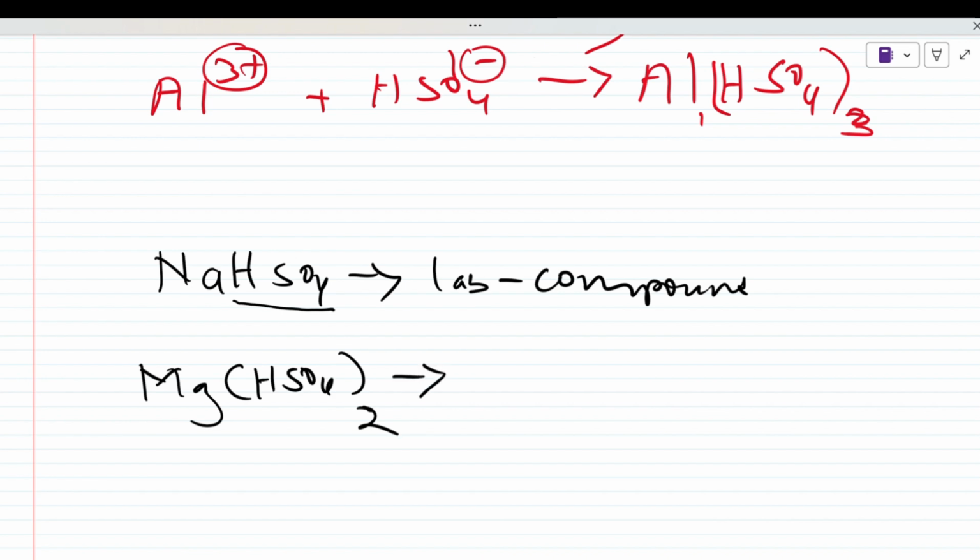Meaning I can react this with a more reactive element, then I will have a given product that I'm interested in. So different types of radicals or monovalent radicals can be found in our labs or in different areas in life as compounds when reacted with other metals. That's what I wanted to say as far as monovalent radicals are concerned.